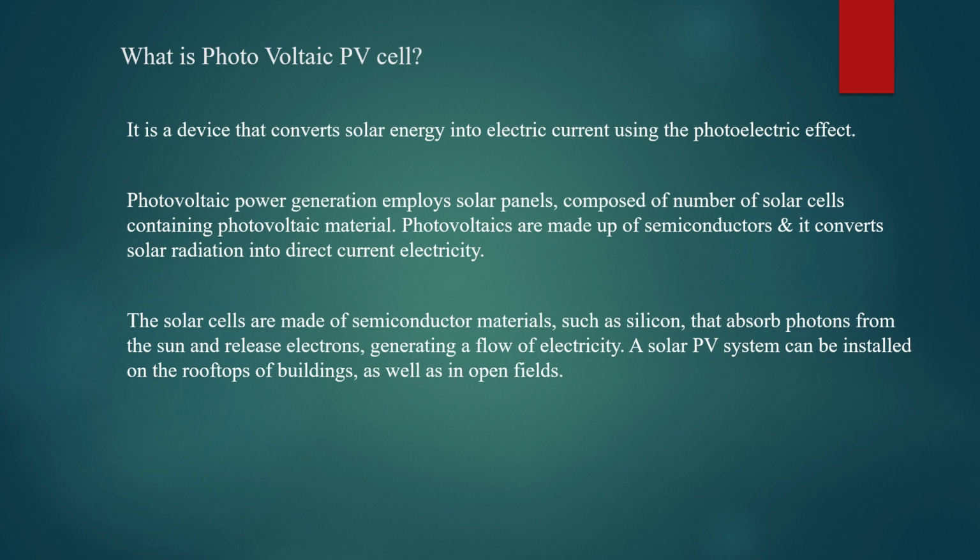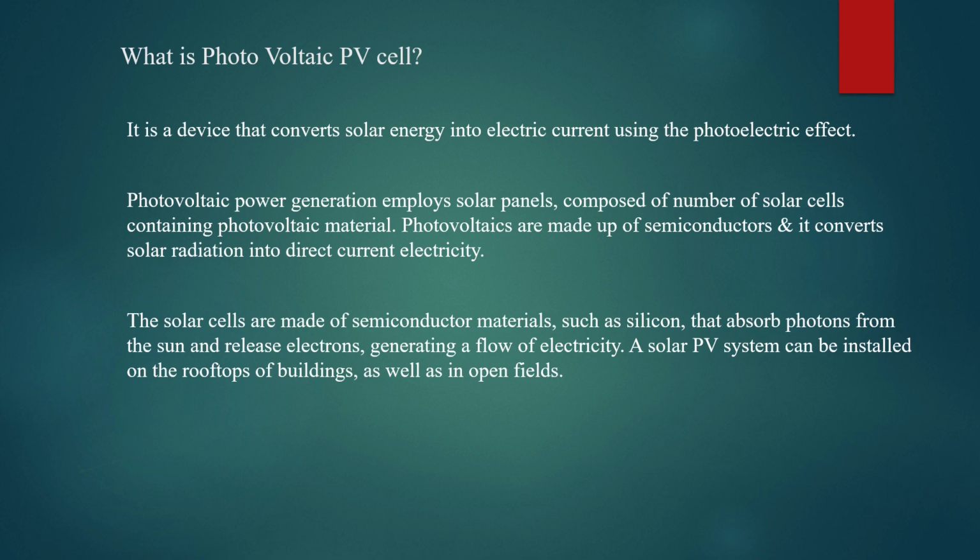It is a device that converts solar energy into electric current using the photoelectric effect. So the solar energy we get from the sun is converted into electric current using the photoelectric effect. About the photoelectric effect, we will soon come to know. Photovoltaic power generation employs solar panels composed of a number of solar cells containing photovoltaic material.